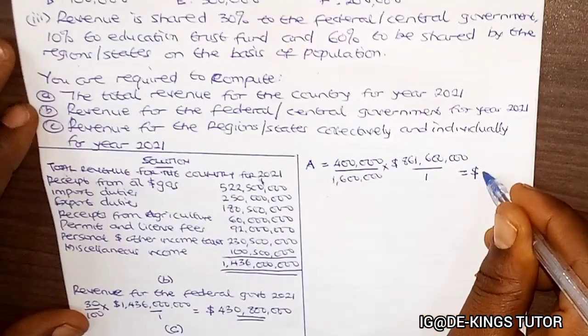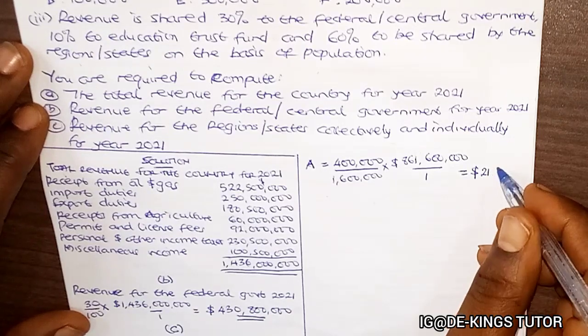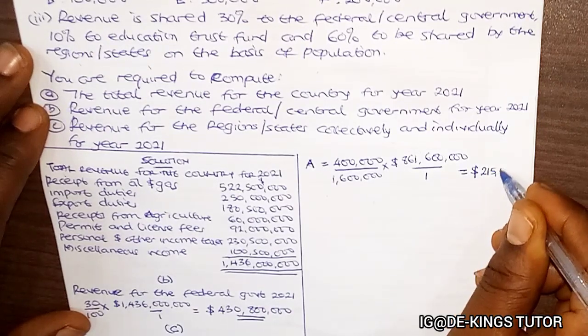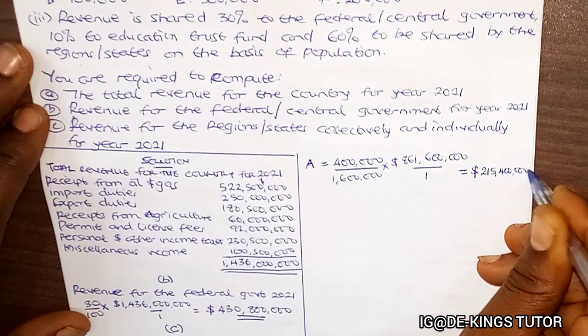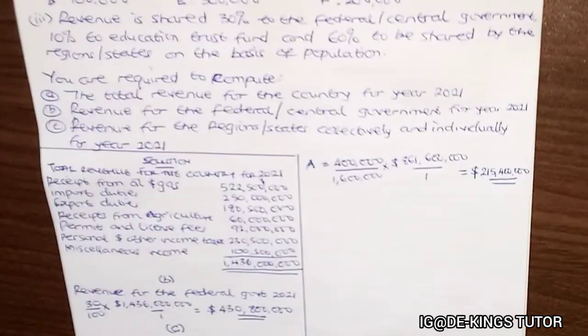From my calculator, this gives us 250,400,000.